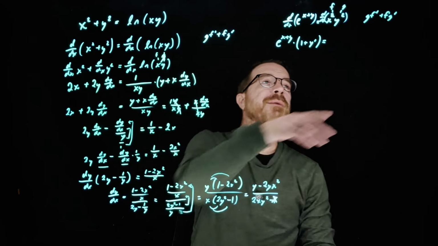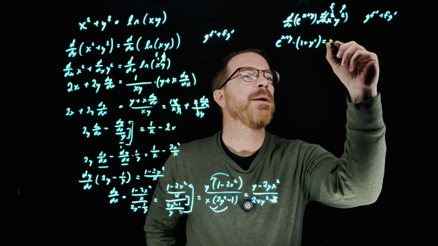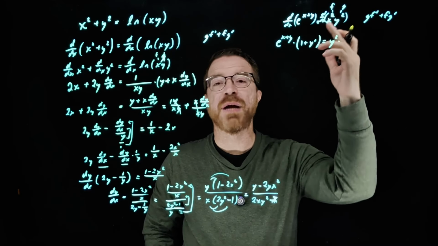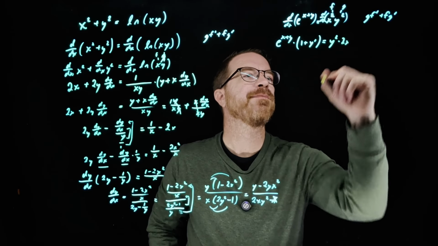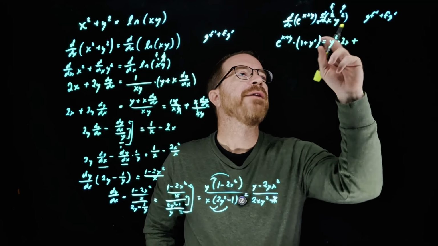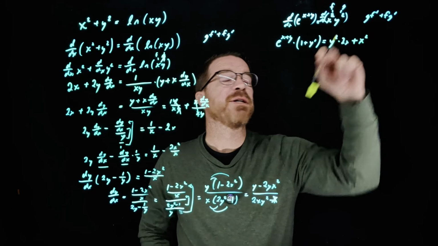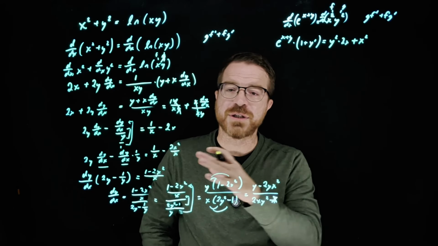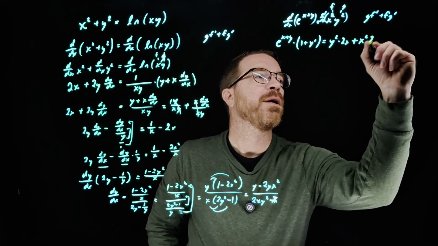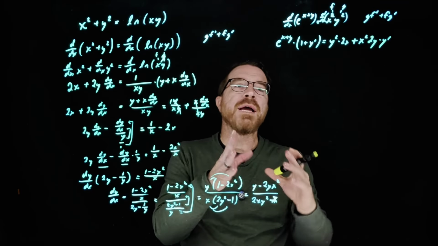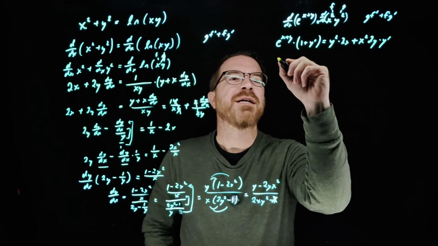So this is going to end up being my g term, y squared, times the derivative of my f term, x squared. So this is going to be times 2x, plus, and now I'm going to leave my f term alone, x squared, and I'm going to take the derivative of my y squared, which, remember, just like last time, is going to end up being 2y times y prime. Okay, so now I'm going to distribute my e to the x plus y.